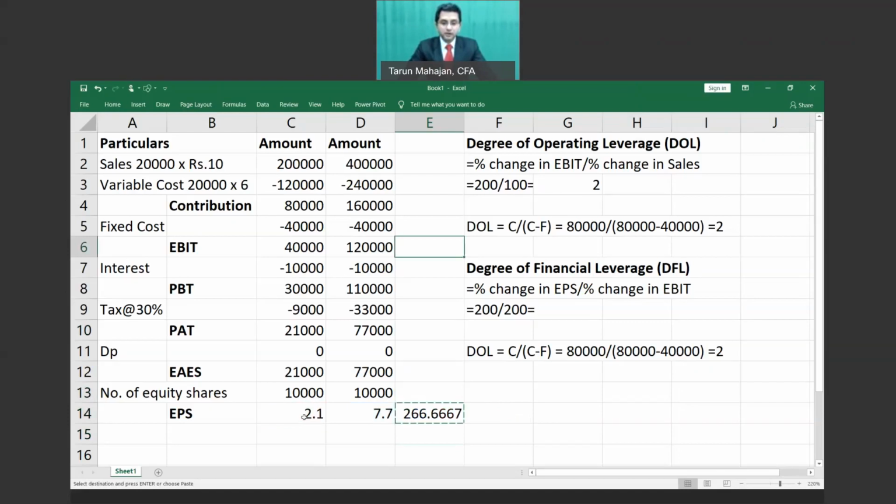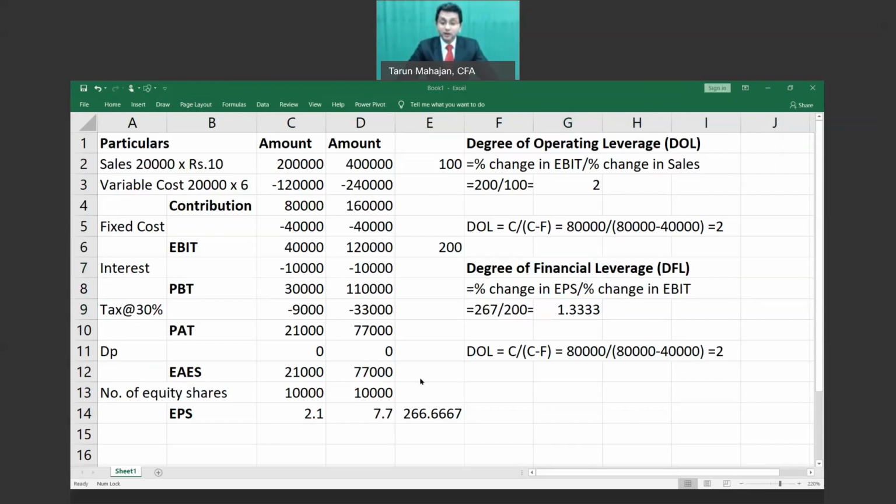I will copy it here also. See, sales is rising by 100%, EBIT is rising by 200%, EPS is rising by 267%. So here I should put 267%. And the answer is 1.33, the degree of financial leverage.